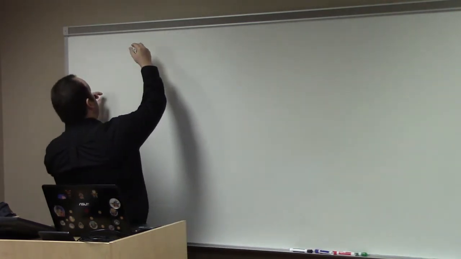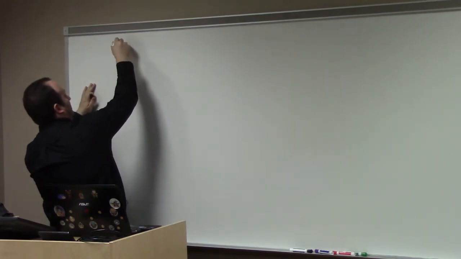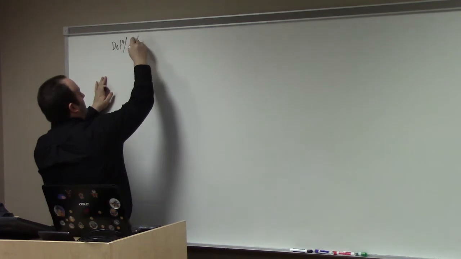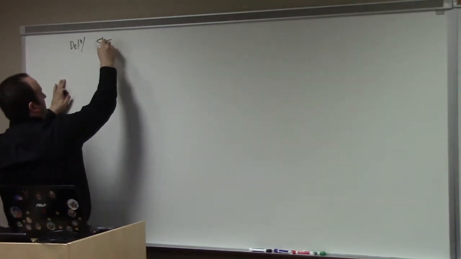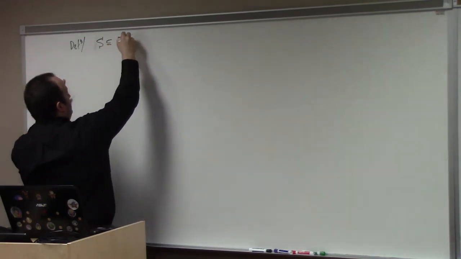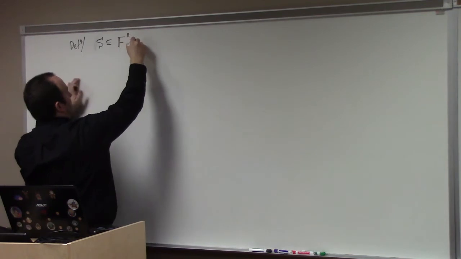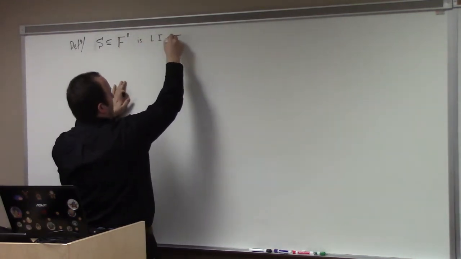So here's the question. Well, first of all, some definitions. A subset S of F^n is linearly independent if and only if what?